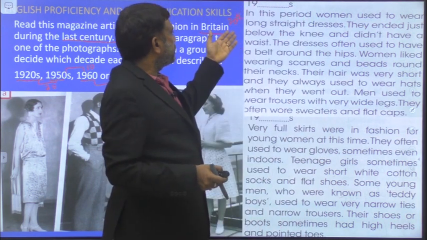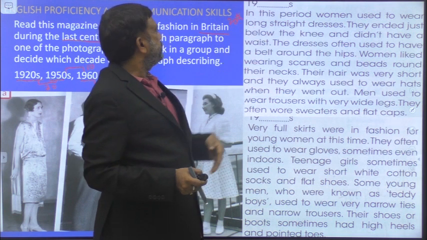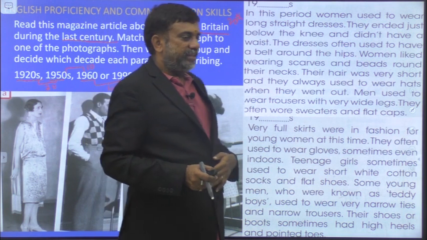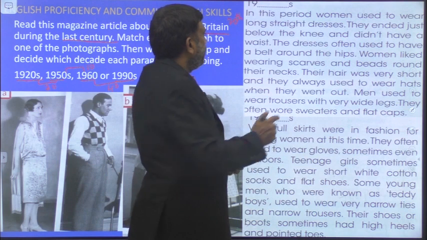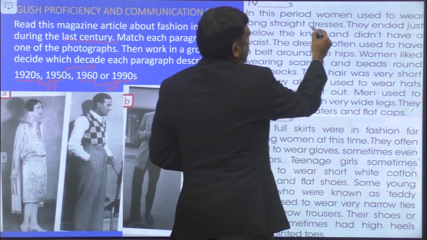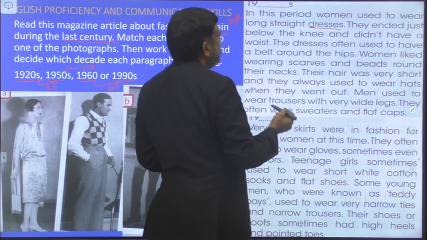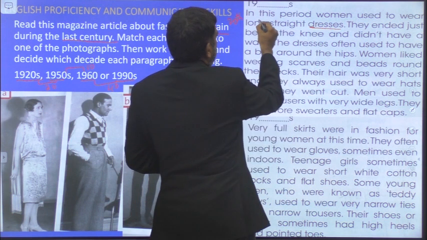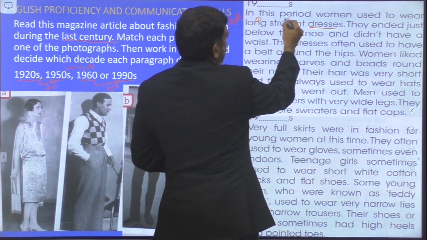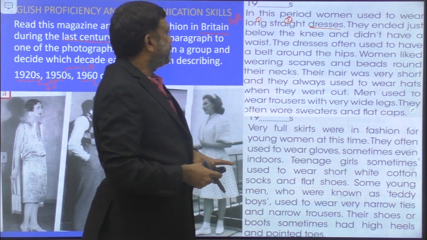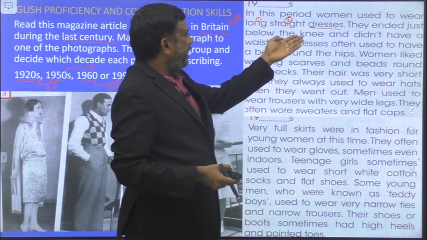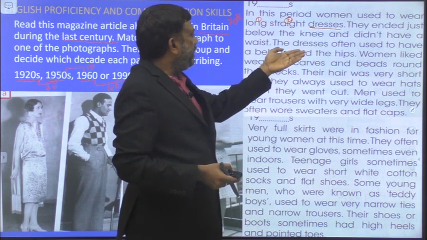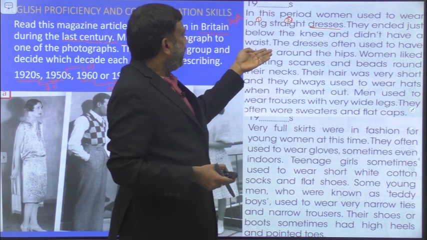Now let us have a close look. In this period, women used to wear long straight dresses. Here, what is the noun? Dresses. The number one adjective is long and number two adjective is straight. They ended just below the knee and did not have a waist.